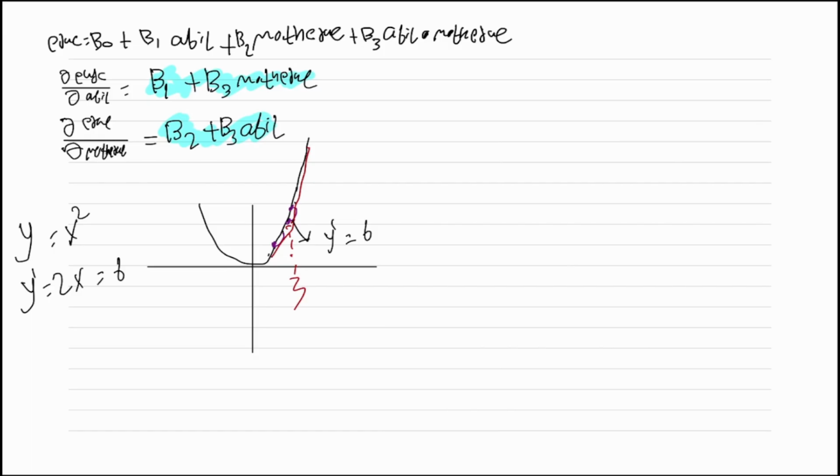So let's see, okay, y equals x squared, right? If I substitute 3 in it, it's 9. Then let's increase it by 1 unit. It will be 4, so we have 16. It changed by 7. Why is it not the same? Because this is an estimation.